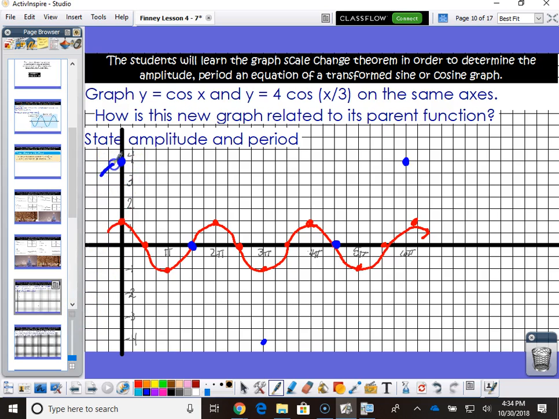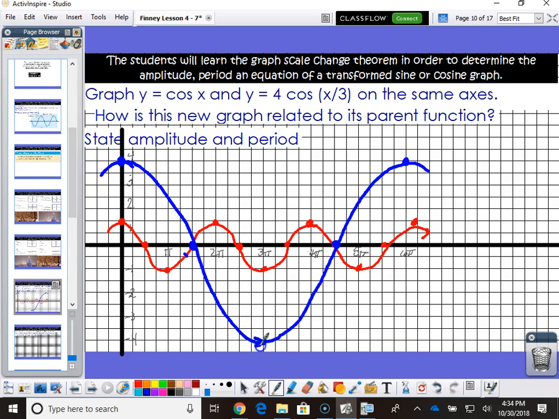So this graph is going to be much bigger. I did a better job on the second half. Let me see if I can fix this to make it a little bit prettier. And there's what it looks like.